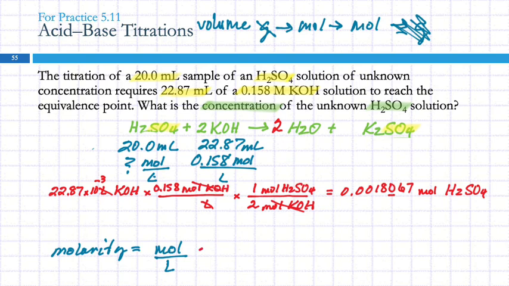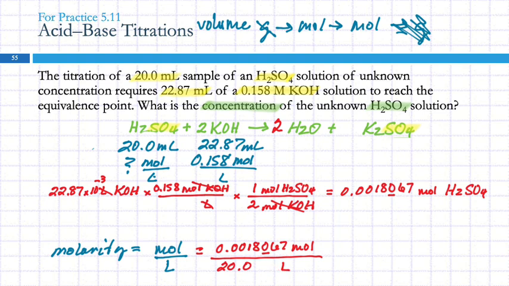So I'm finding the molarity, so I just found the moles. And then I need to divide by the volume in liters. Well, it was 20 milliliters. So 20.0 milliliters, but I want that to be in liters.